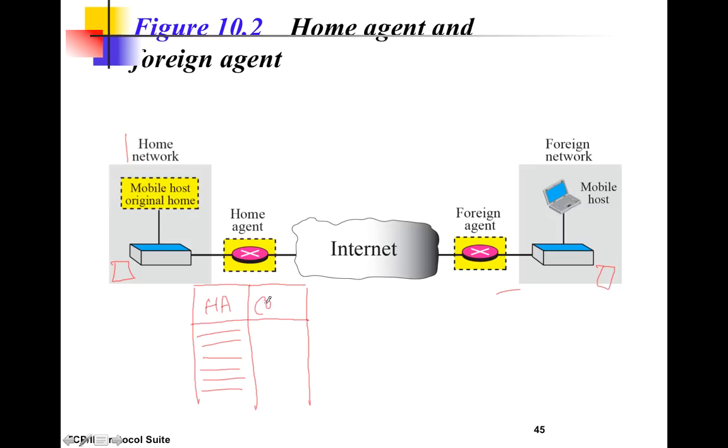So the home agent in this database will have the care of address also listed. So at any time, the home agent knows where its devices are. Okay? So for every home address, it will also know if this device is in a foreign network, the home agent will have a record of this.